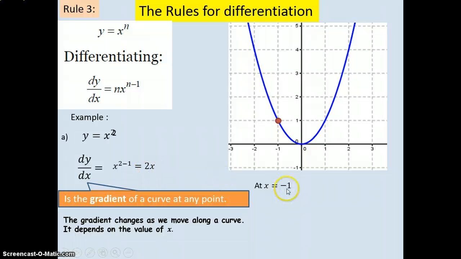So if x is equal to -1, you substitute into 2x, and we find that dy/dx is equal to -2. So the gradient of the curve at the point -1 is -2. If we want to find the gradient of the curve at the point x is equal to 2, then we substitute into dy/dx, which is 2x, 2 times 2, it's 4. So the gradient of the curve at that point will be equal to 4.